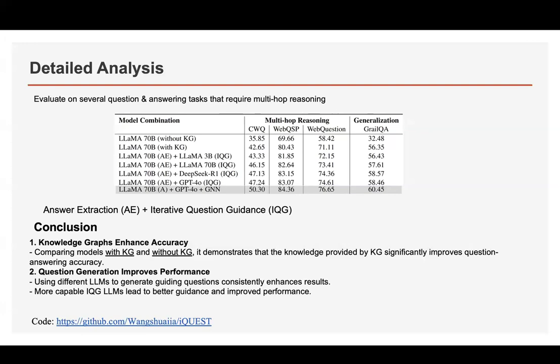We can see the stronger model can decompose the question better, but even a very small model also works. So we can conclude that generating sub questions and using them to guide the reasoning process really works. We can also see the GNN improves performance a lot.